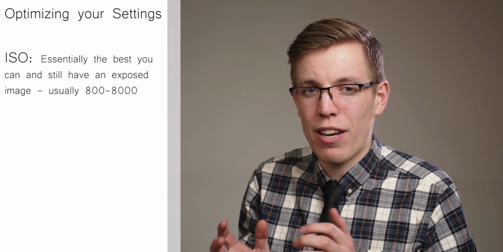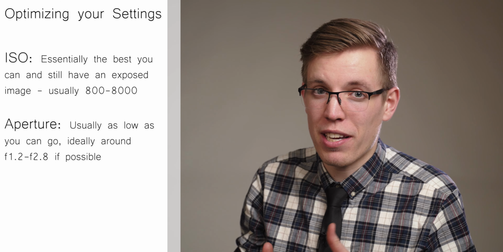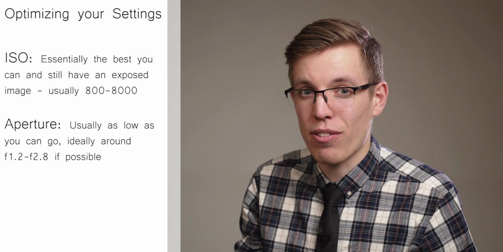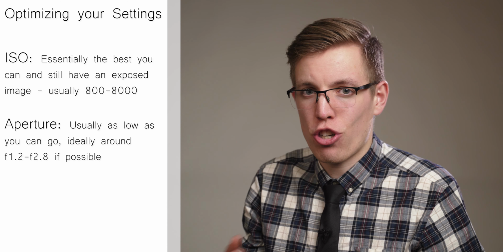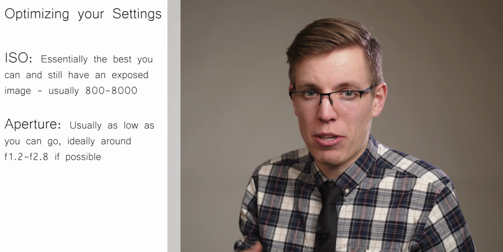I'll talk about how to calculate your shutter speed in a second. The next thing you're going to want to do is pick the ISO that you need in order to get there. Your aperture is almost always going to be as low as you can go because you want to let in as much light as you can, unless you're trying to get a sharper image or something. But I usually have it wide open just so I can get as much light in.